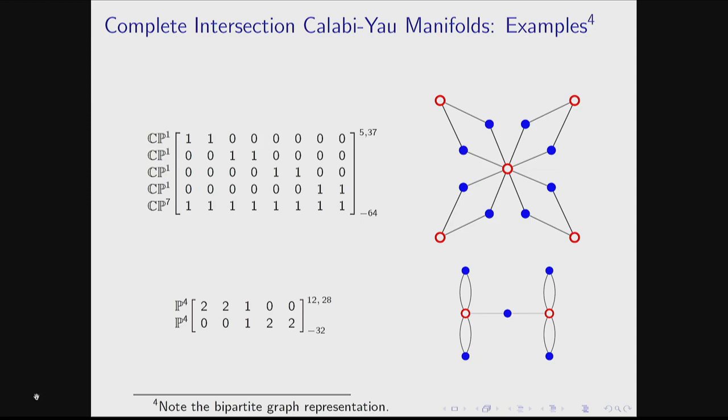The other reason for these two particular choices of manifolds is to demonstrate that sometimes the entire second cohomology of the Calabi-Yau descends from that of the ambient space, which is demonstrated by the fact that there are 5 P1 factors here, and the h11 of this manifold, which is the first entry here, is 5.